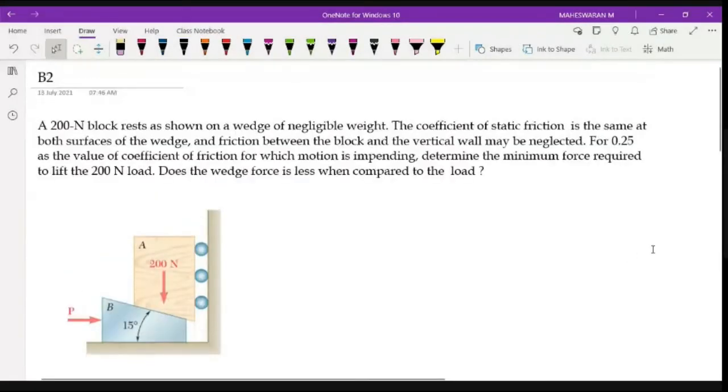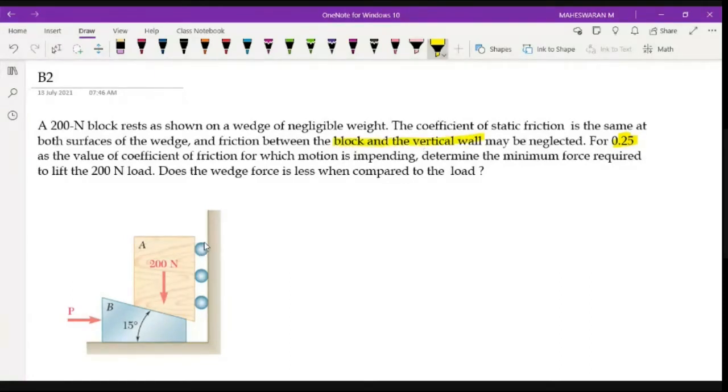So this is a wedge friction problem. You have a 200 Newton block which is resting as shown on the wedge. The coefficient of friction is the same, given accordingly, which is 0.25. And there is no friction between the block and the vertical wall.